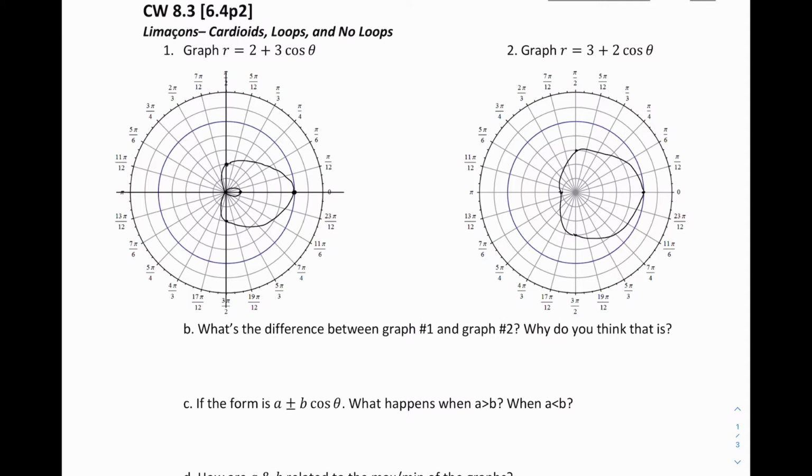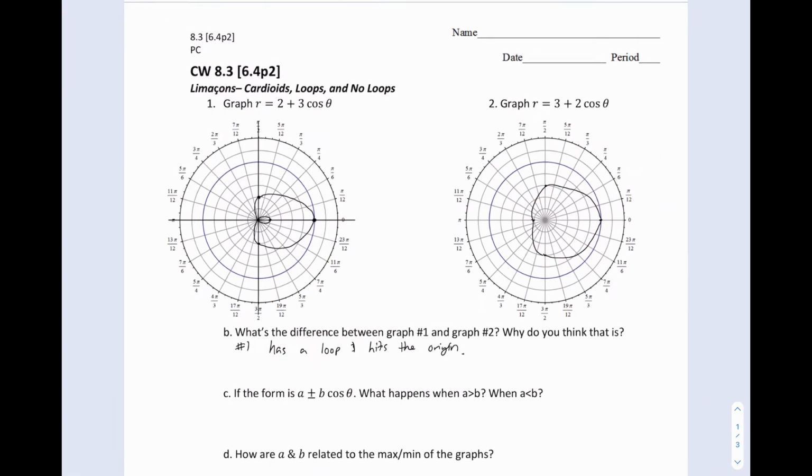Let's do letter B. The difference between graph number 1 and number 2, what's happening there? So we can see that number 1 has a loop, and it hits the origin. Whereas number 2, I can see it doesn't do either of those. The question would be, why is that happening?